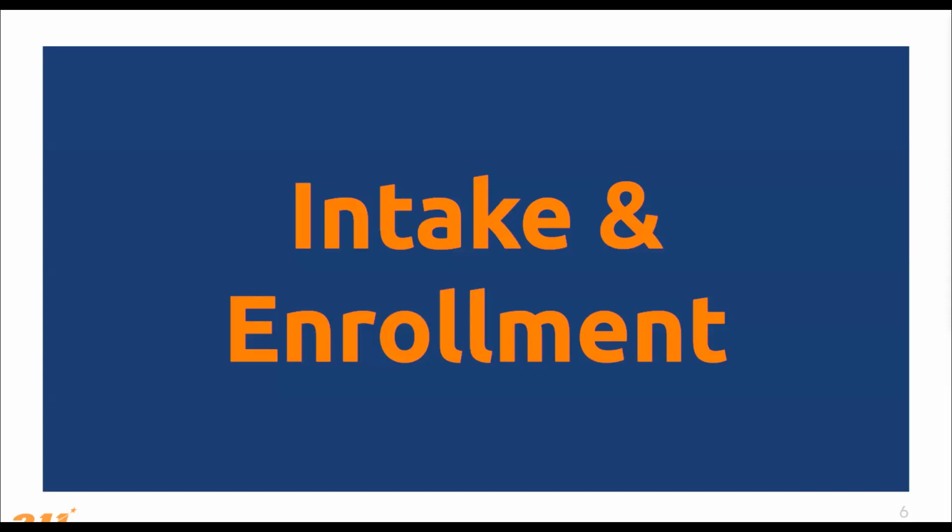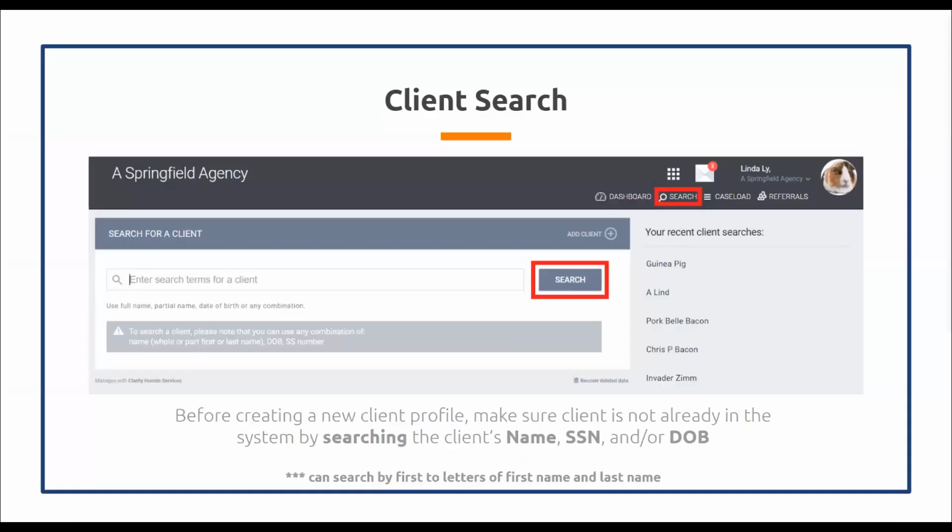So next is the intake and enrollment. When you first log into HMIS, you will be on the search page with the search bar. You can search for clients by their first and last name, their social security number, or their date of birth. You don't have to search the full name. You can simply search the first two letters of their first name and the first two letters of their last name.